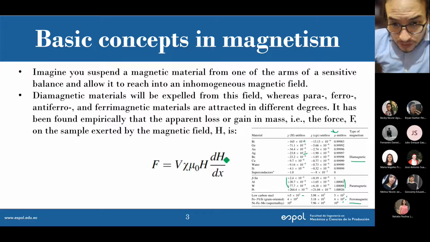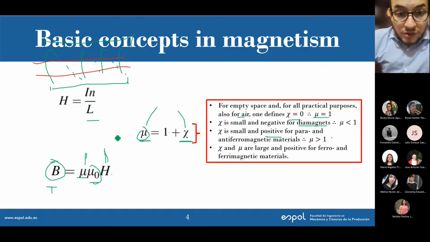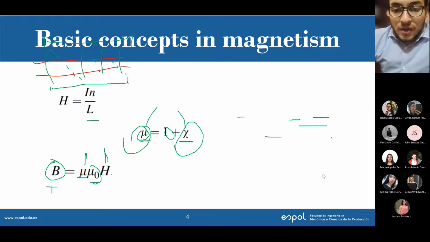If chi is big, then mu will also be big, because the 1 probably doesn't even affect the value. I'm just adding 1 to a value of times 10 to the 3, 10 to the 4, 10 to the 6. Okay.